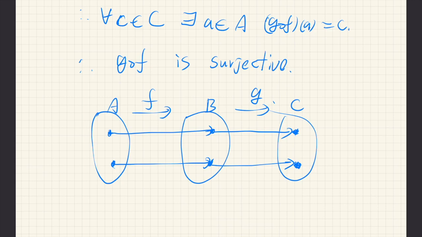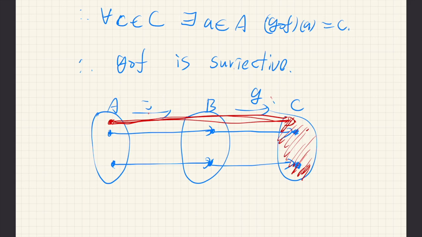And if g and f are both surjective, then for every element in C, there is some element in A which maps to that element in C. Okay, so everything in C is covered if f and g are both surjective. And from this explanation, I think it is quite clear that if f and g are both bijective, then their composition is also bijective.